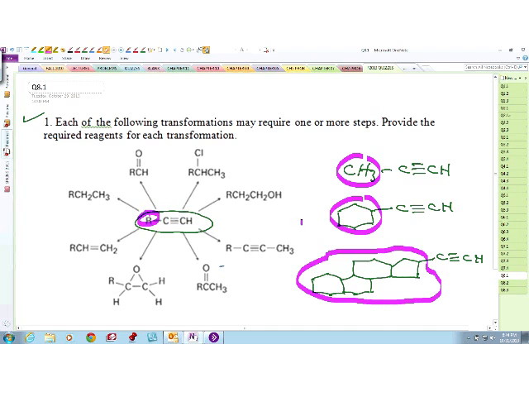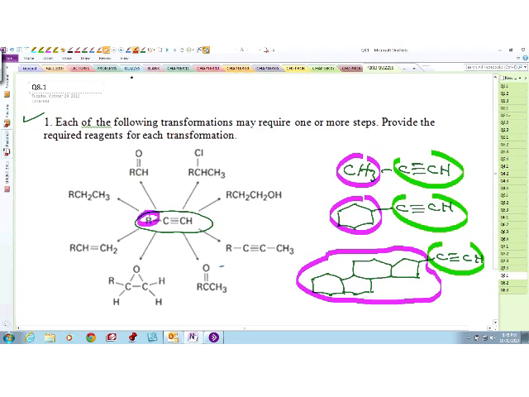So the point here is, whenever we are dealing with the chemistry of each one of these functional groups, very often our focus is on that functional group. So in this case, our focus is on this carbon-carbon triple bond right here. Now, how do we go from here to each one of these, focusing on this carbon-carbon triple bond?